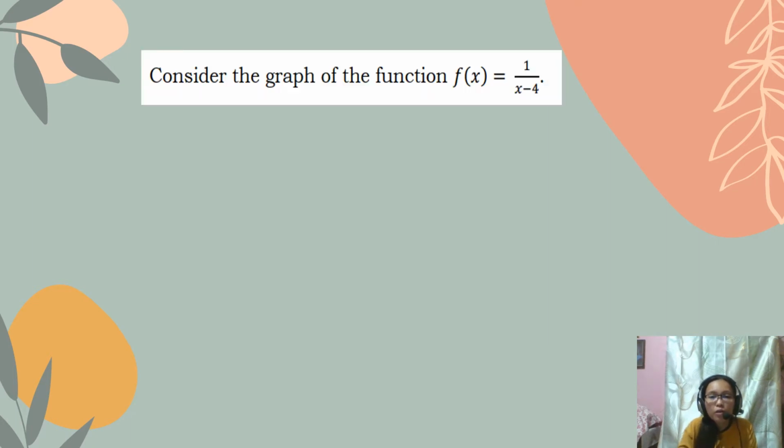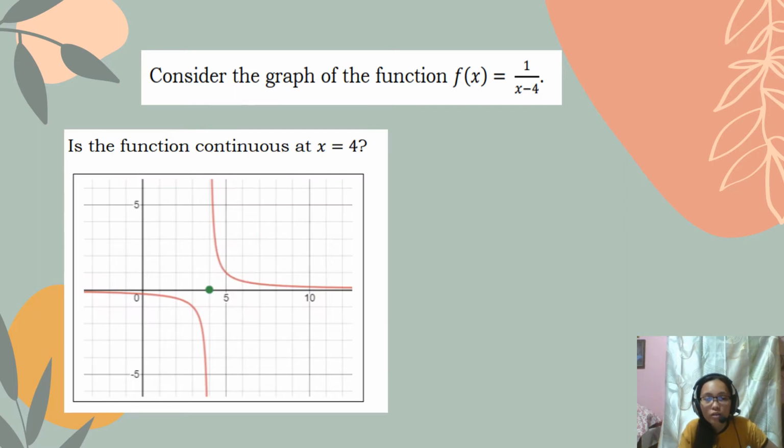Okay, so let us consider another graph. This time we have a rational function. We have f of x equals 1 over x minus 4. So this is the function.